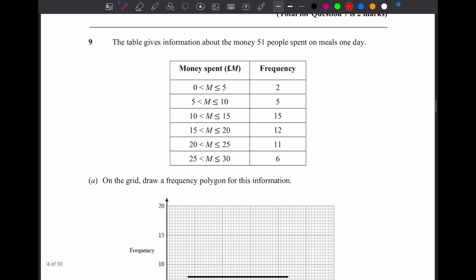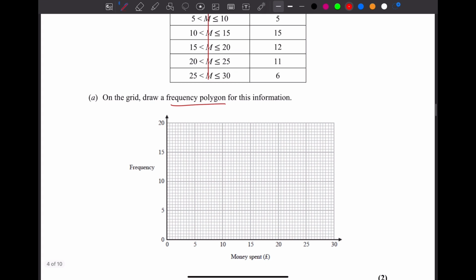Next one, frequency polygon. Remember what do you use? Use the midpoint. So 2.5 and 2.